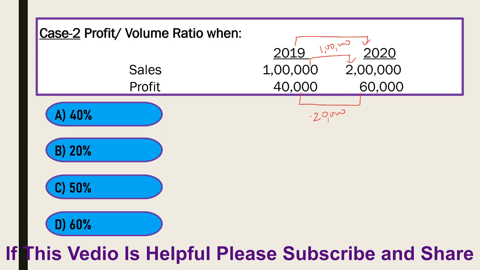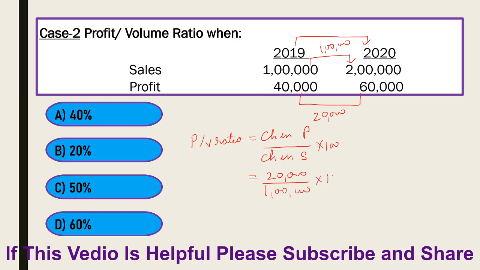So when the profit and sales of two different periods are given, then in place of contribution upon sales into 100, we use the PV ratio formula, which is change in profit divided by change in sales into 100. So here profit is changed by 20,000 rupees and sales is changed by 1 lakh. So our PV ratio here is 20%, which is option number B.